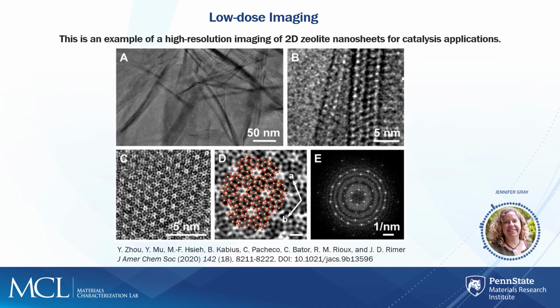This is another example of low-dose imaging, now done on a 2D zeolite nanosheet. This was for catalysis applications. And again, this type of material would immediately damage underneath the beam. You wouldn't be able to necessarily get these nice high-resolution images showing the lattice fringes in the sample under our standard dose conditions, but under these super low-dose conditions using a direct electron detector, we can see the lattice fringes showing us the structure of the sample.